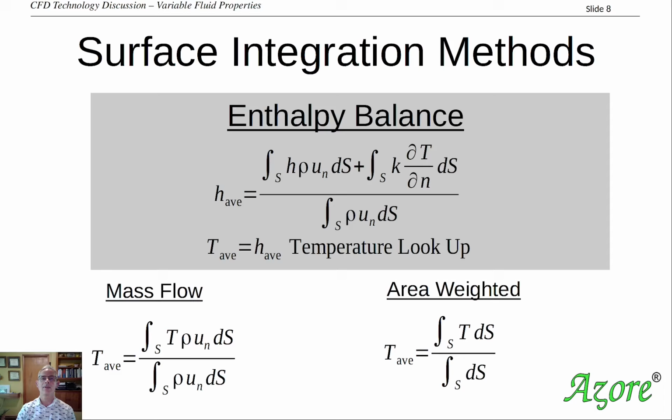The first method is an energy conservative way of coming up with a temperature on the surface. This is an energy balance method. It is done by looking at the total energy crossing through the plane.